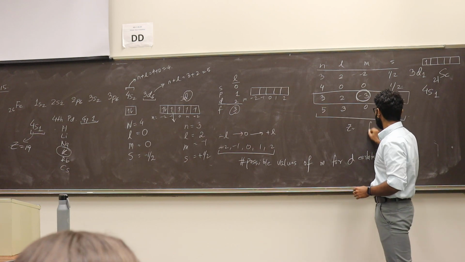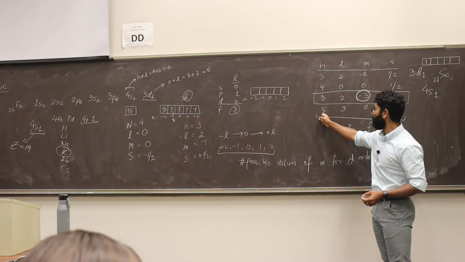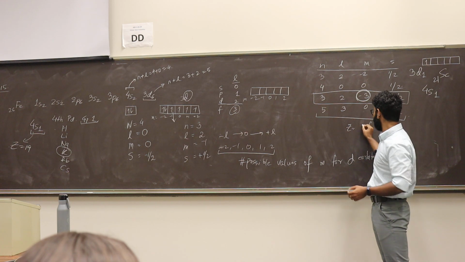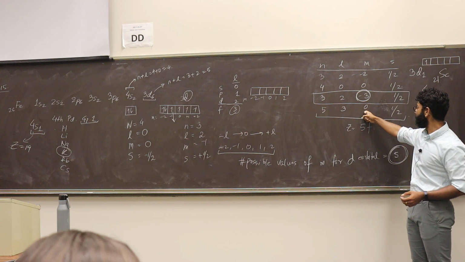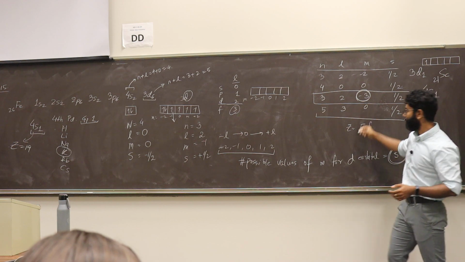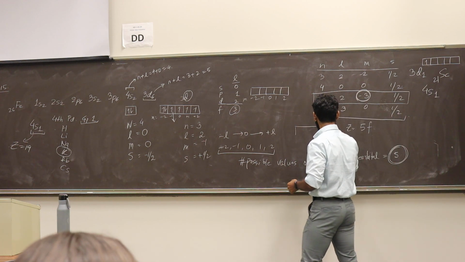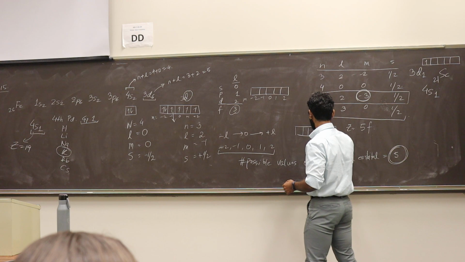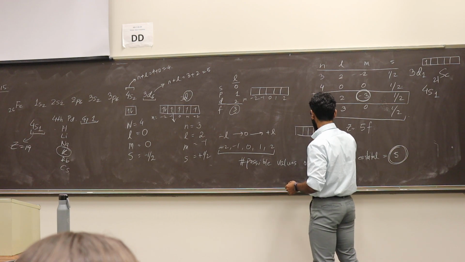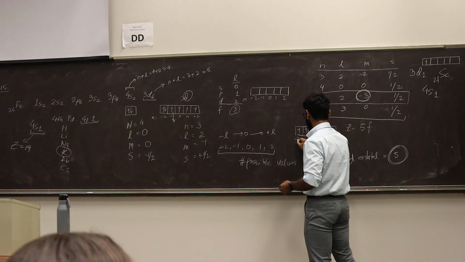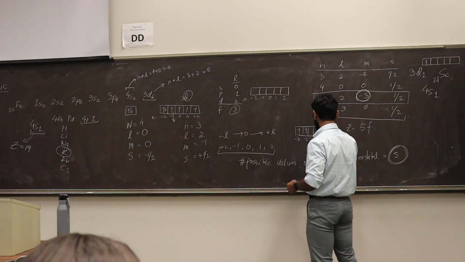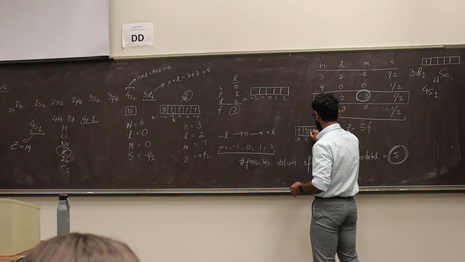So this is F. What does this tell you? That it's in the 4th suborbital. So this is -3, -2, -1, 0, 1, 2, 3.